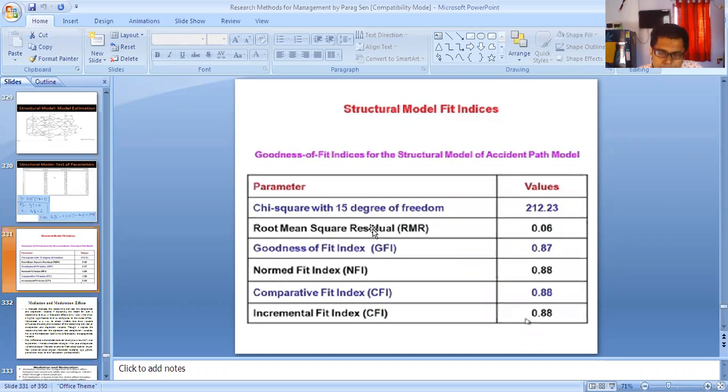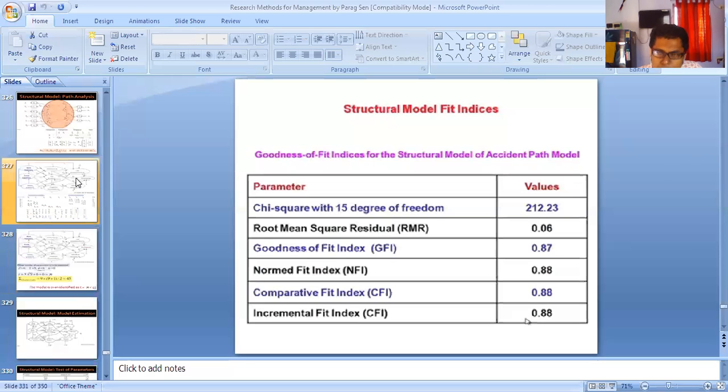After completing the confirmatory factor analysis, we start doing the path model, or the structural model. Here also, just like the same things that we did in the case of confirmatory factor analysis, the same kinds of things we do here.